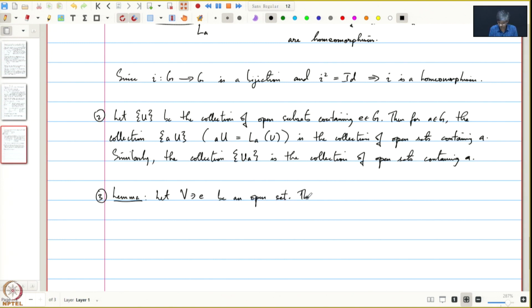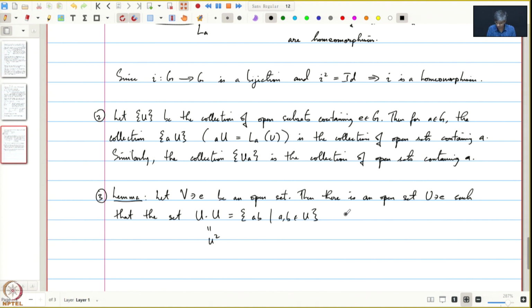Then there is an open set U which contains the identity such that the set U times U, equal to all those AB with A and B in U, which is U squared, is contained in V. So given any open set V which contains the identity, we can find a smaller open set U such that U squared is contained in V.